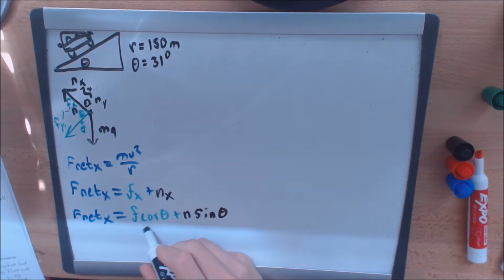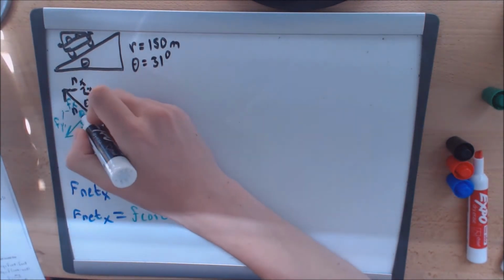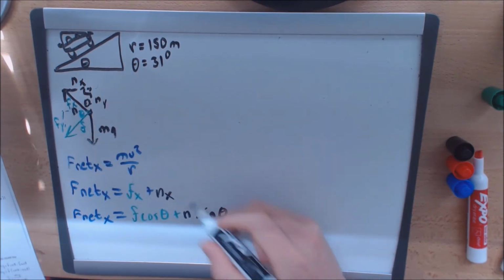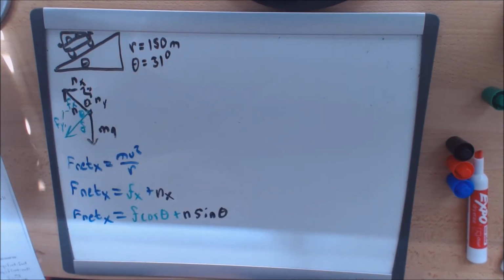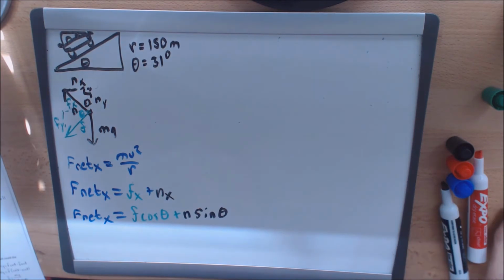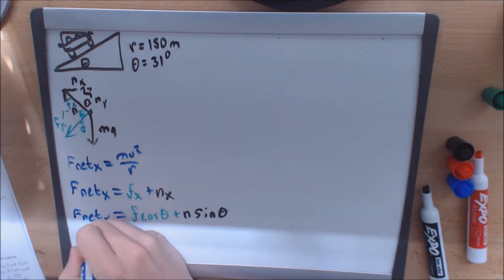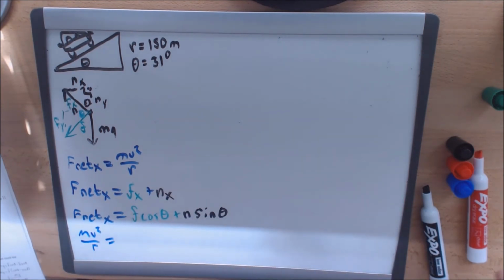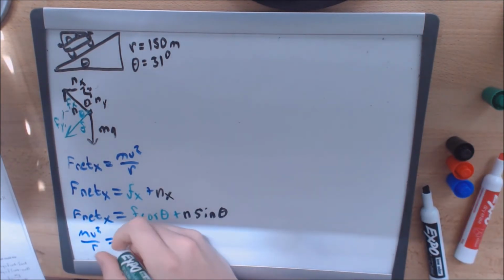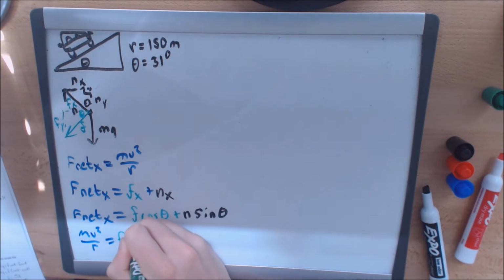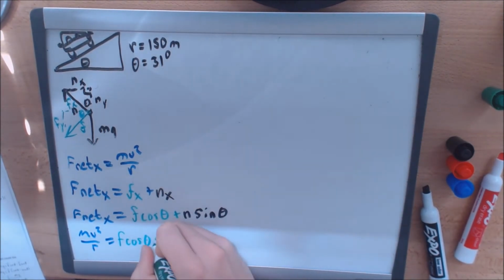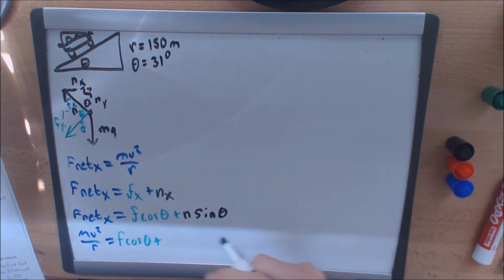So we use cosine here because it's adjacent to the theta, and sine here because it's opposite. Then we substitute mv squared over r in for F net x: mv squared over r equals F cosine theta plus N sine theta.